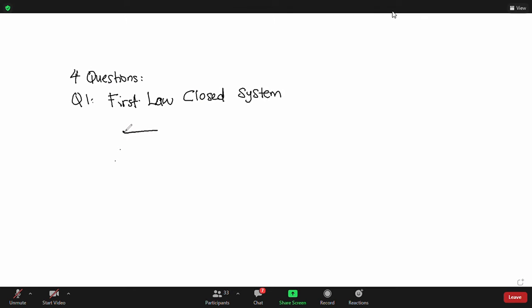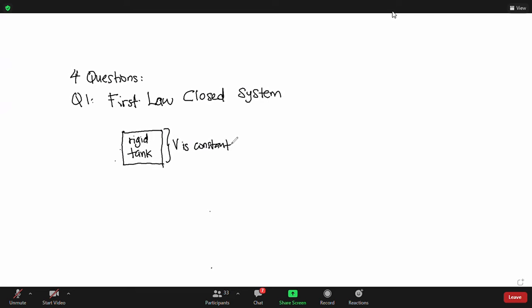What are the kind of system? Can anyone help me out? Say it out, please. What is this I'm drawing? Rigid tank. Yes, it can be a rigid tank, and if that is so, volume is constant.